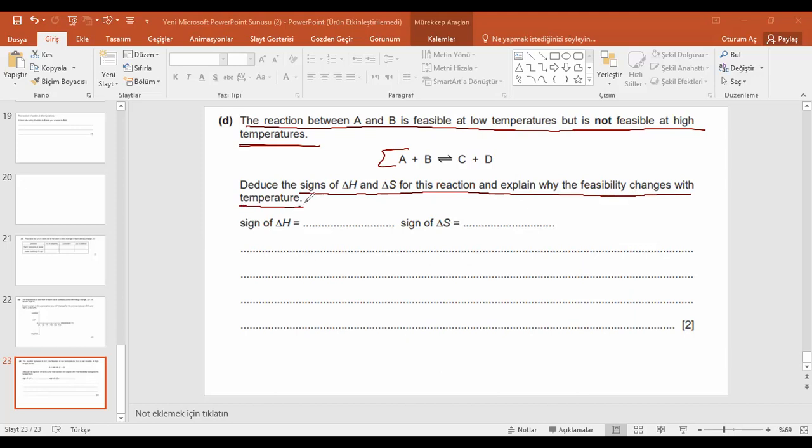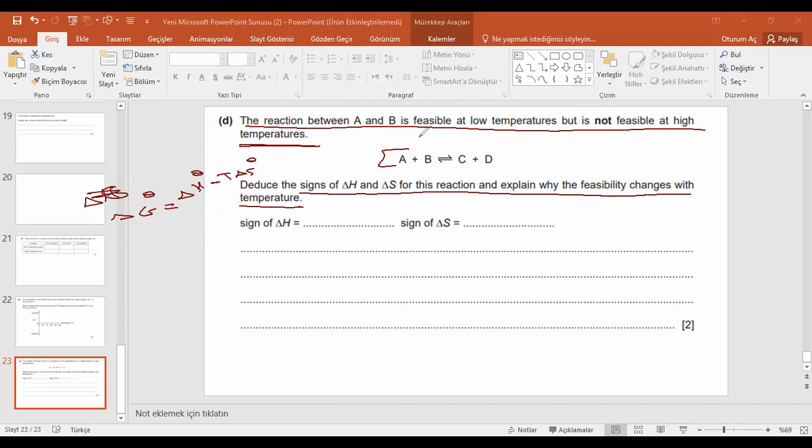So look, guys, we know that delta G equals delta H minus T delta S.